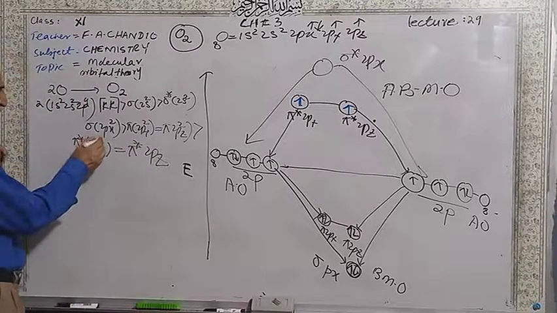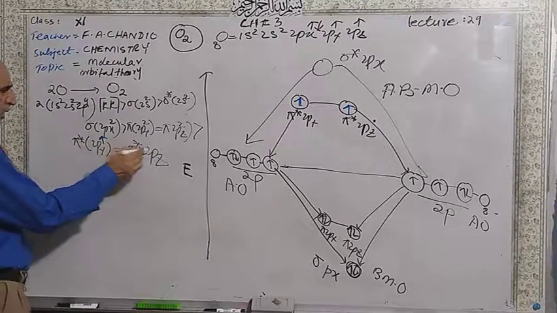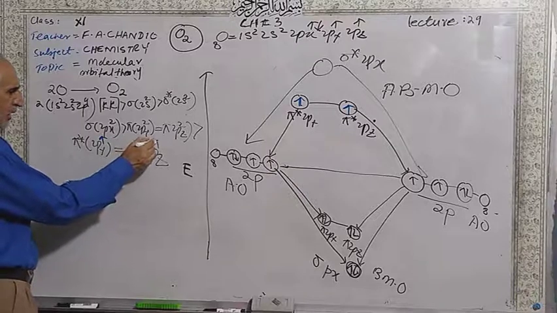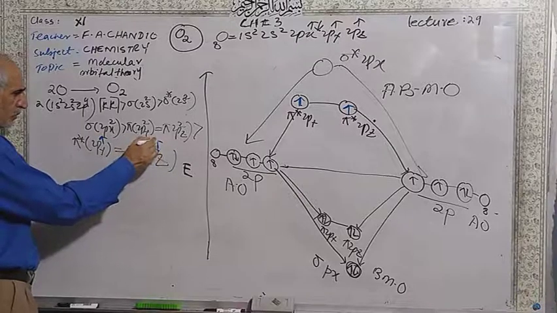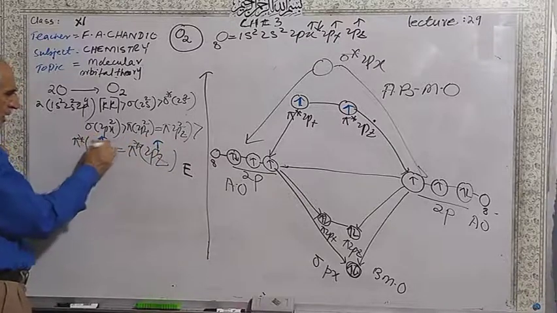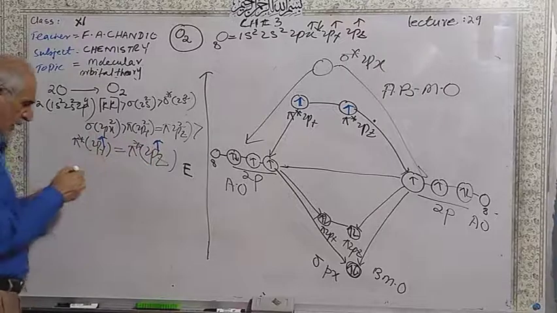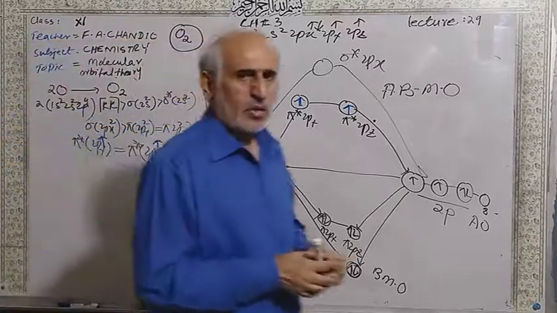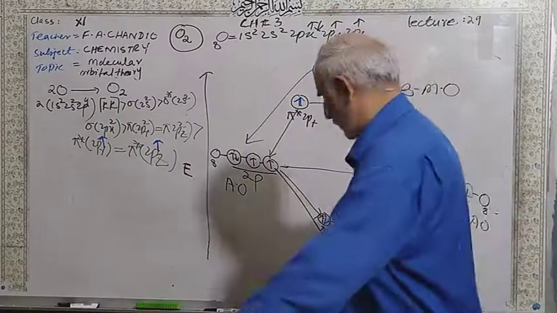So in the pi star 2py there is 1 electron, in the pi star 2pz there is also 1 electron. You write it in bold so that you can understand that these 2 electrons are unpaired.